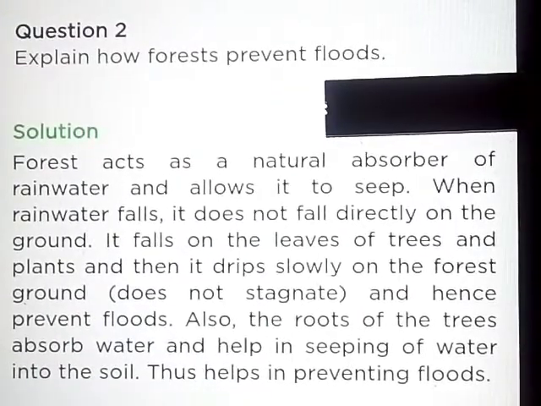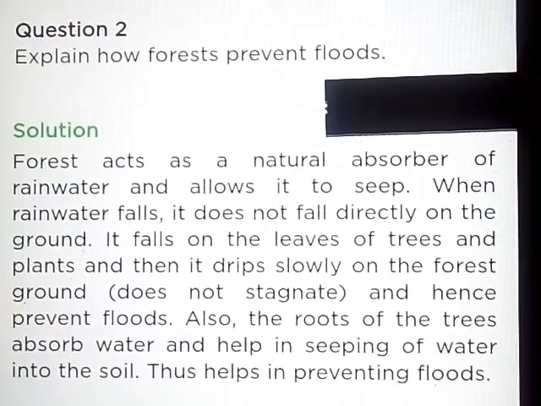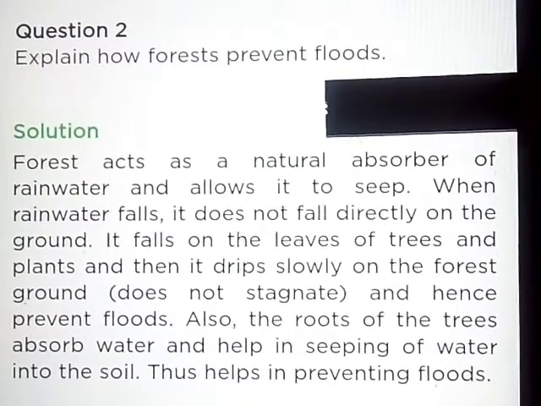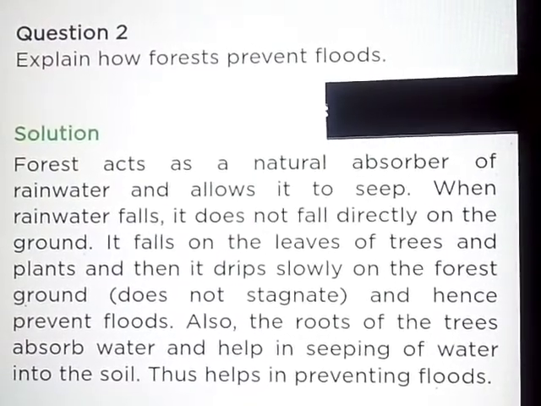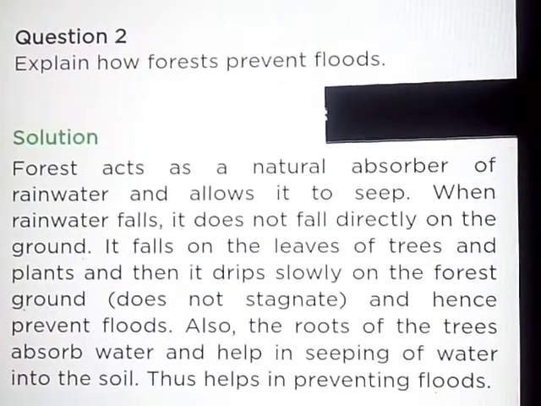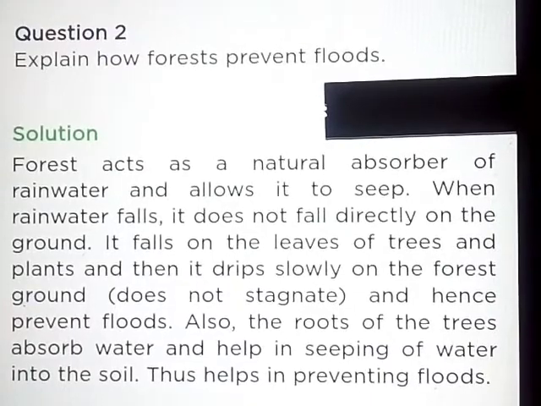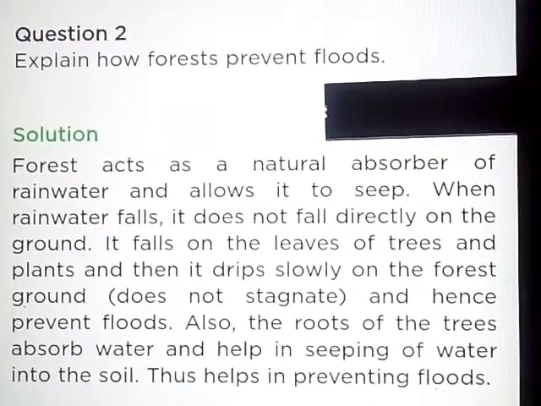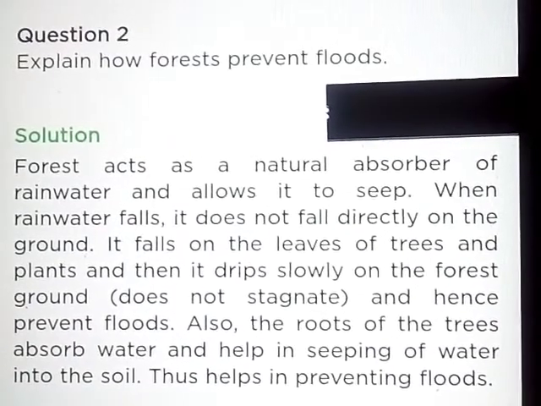Question number 2. Explain how forests prevent floods. Answer. Forests act as a natural absorber of rainwater and allow it to seep. When rainwater falls, it does not fall directly on the ground.